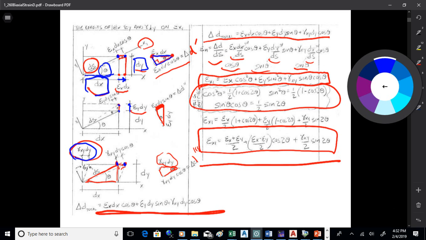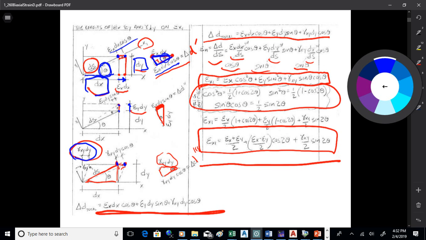So if we take that original line there and pull it over epsilon x dx, if we kind of create this little offset, we can approximate the deformation of that corner point with a right triangle. This angle theta will be pretty much equal to that angle theta. So that new extra length will be epsilon x dx cosine of theta to get that component on the triangle.